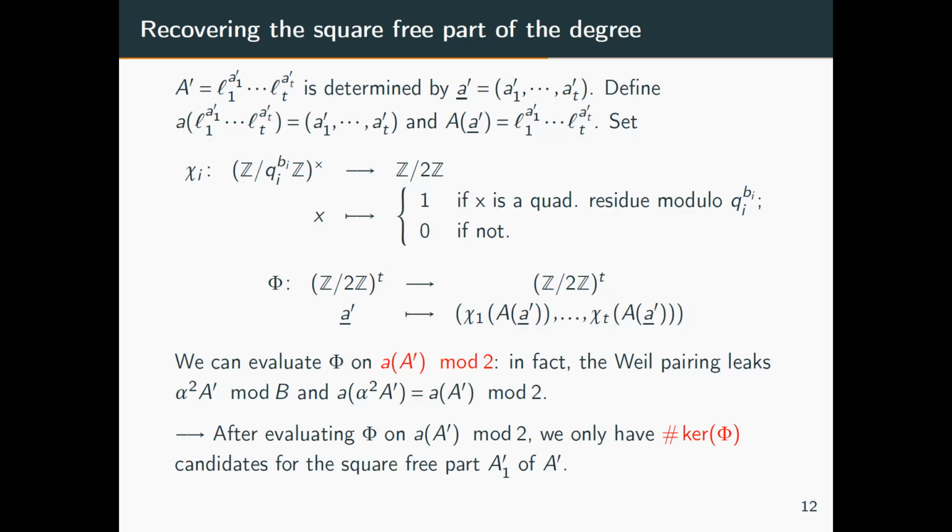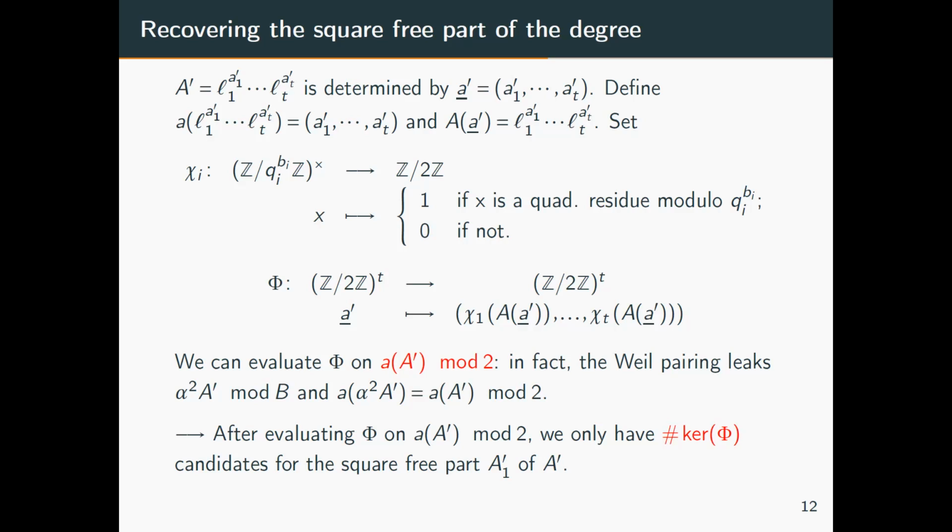So evaluating this map on alpha square A prime would give you the value of the image of A prime itself, and that is the image of the exponents modulo 2. So when you recover alpha square A prime through the Weil pairing, you evaluate this map on this integer, and then you get the image of A prime mod 2, which gives you the image of the square-free part of A.